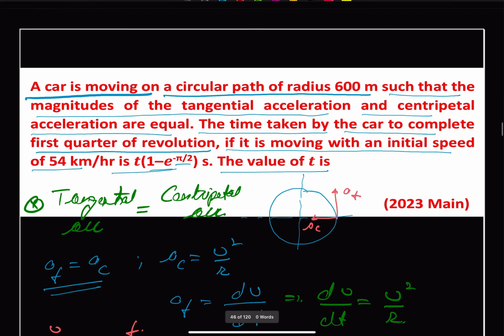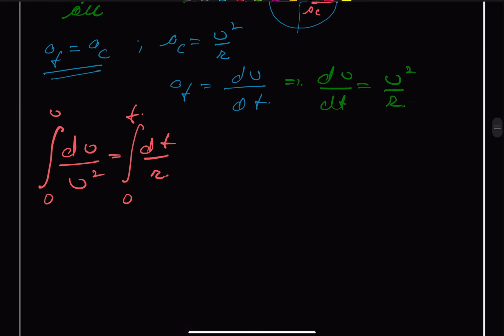Okay, we are given an initial speed, so it won't be 0. So let us suppose the initial speed is u.